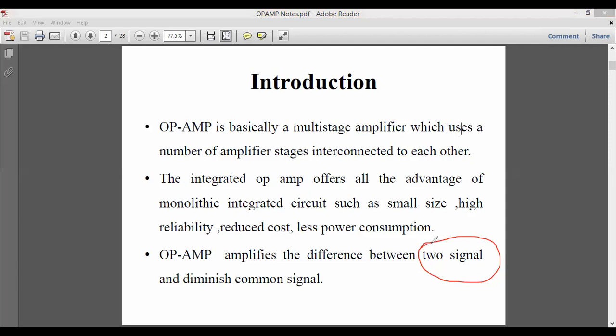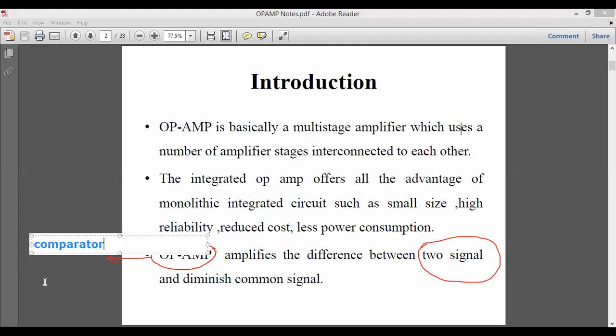The basic thing of the operational amplifier is that it gives the difference between the two signals. That is why the base model of the operational amplifier can be used as a comparator.